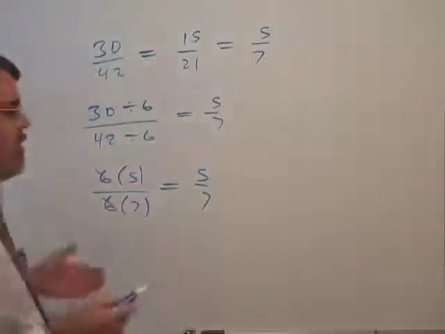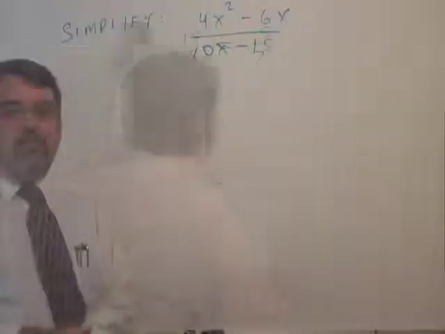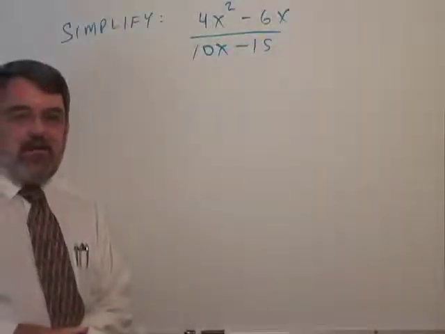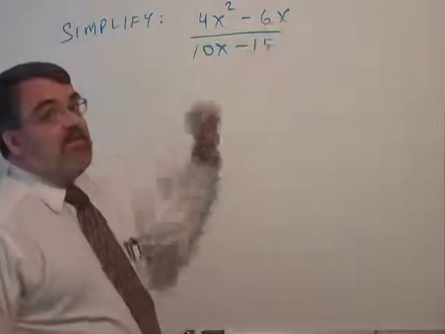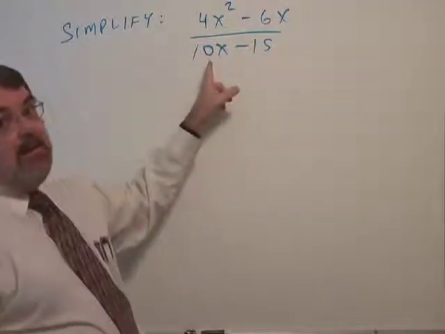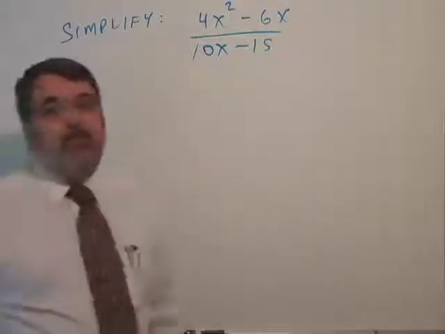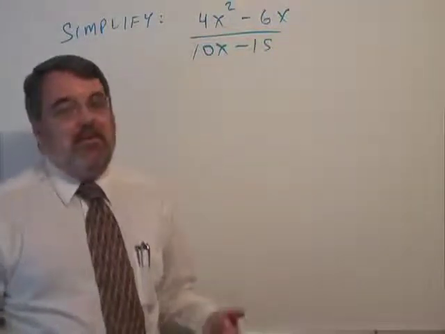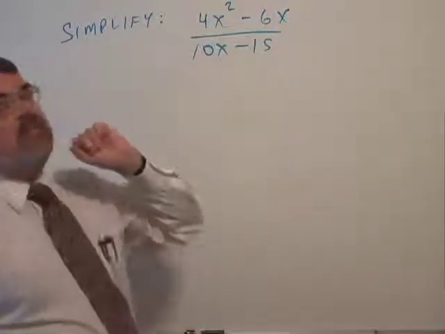So let me illustrate that with a simple one here. Here's our algebraic problem. Simplify 4x squared minus 6x, all divided by 10x minus 15. Now I'm going to get into this in another video more so, but there's a real easy mistake to make.